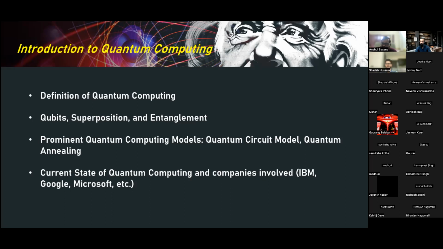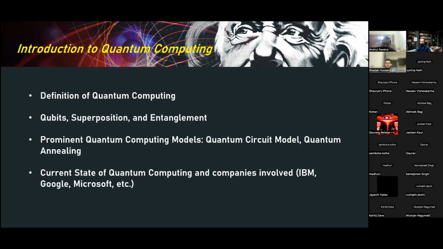And let me define the three very important terms that I will be using very often. So one is the qubits. All of you have heard about the bits, which is 0 and 1. And using these two digits, we actually process the information or pass the information, right?